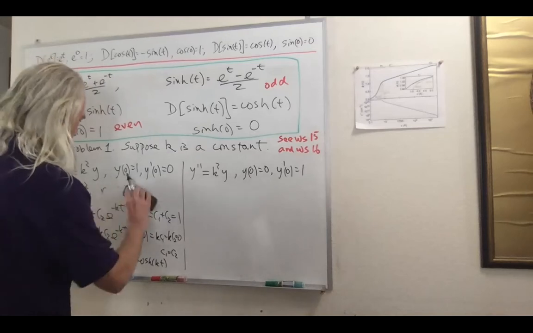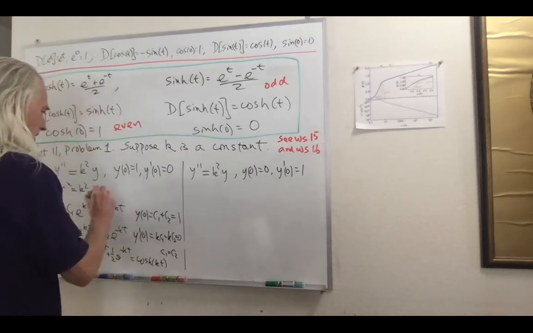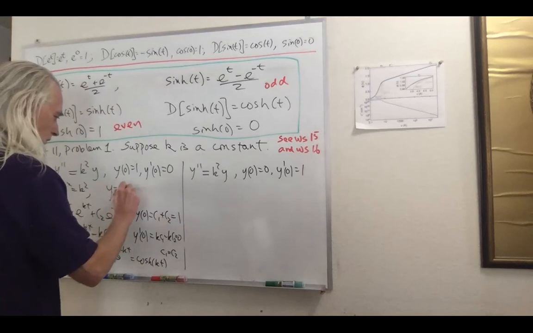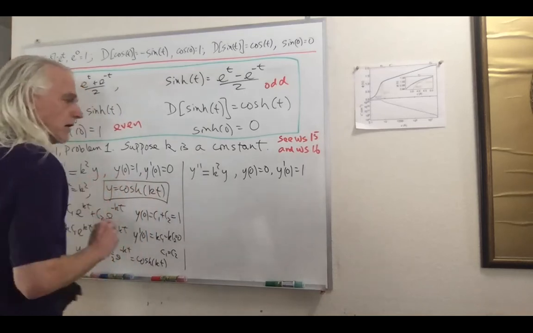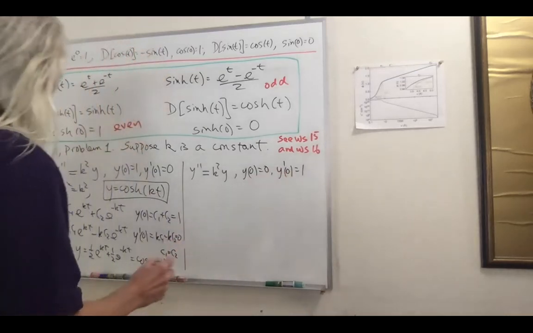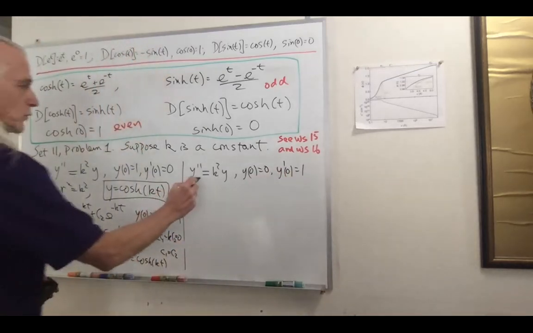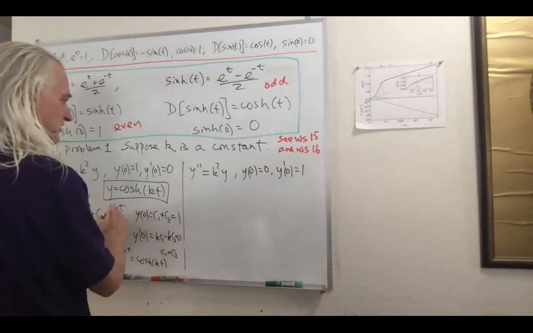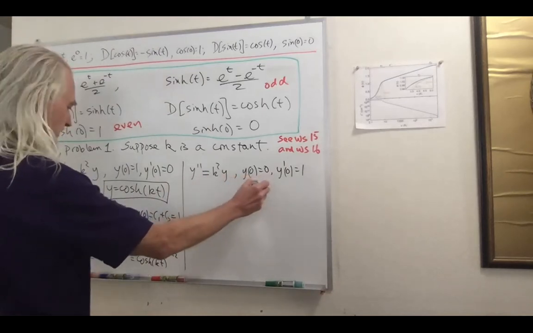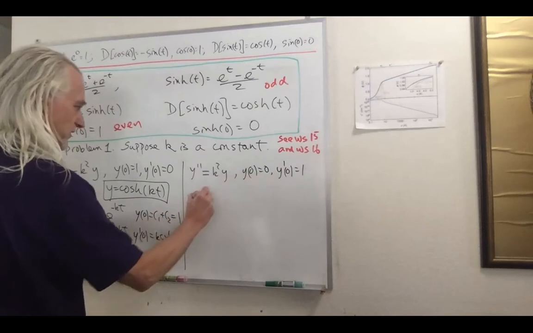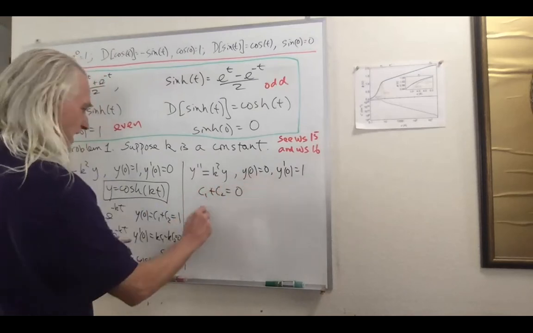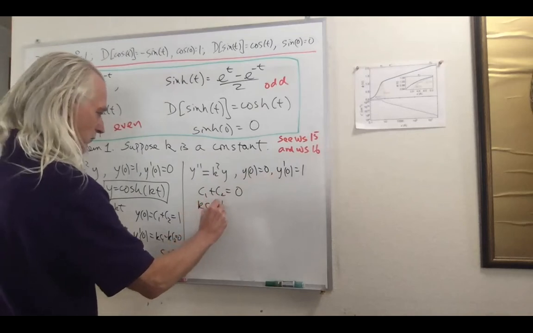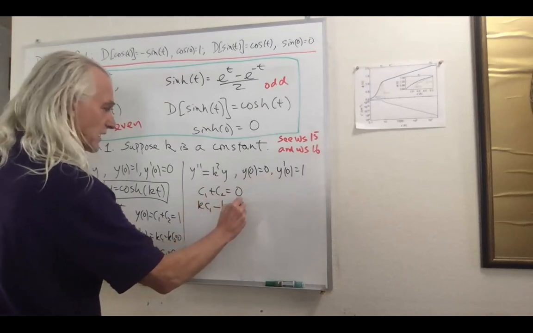Let's get rid of all of this stuff. Now let's do the second one here. We have the same general solution. The only thing that's different is the initial condition. So this becomes c1 plus c2 is 0, and then k c1 minus k c2 is 1.